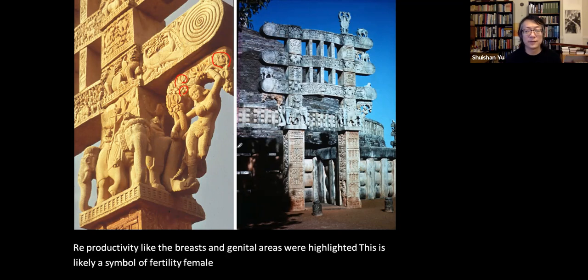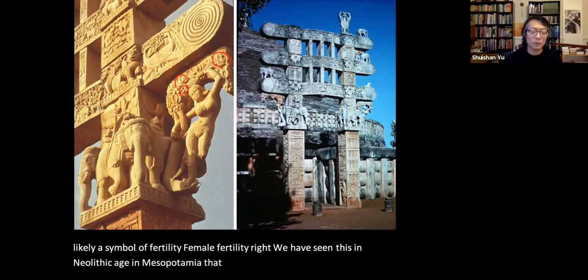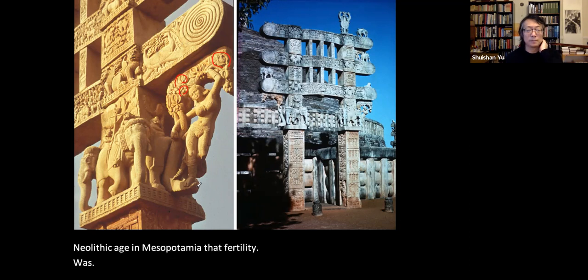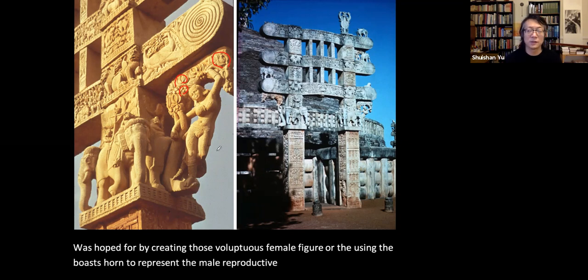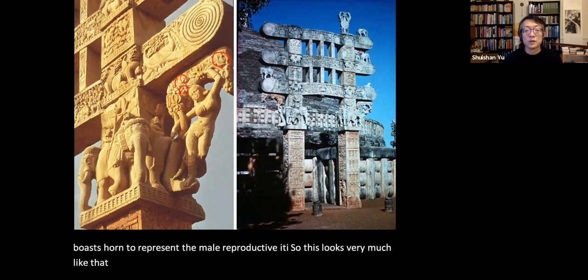We have seen this in the Neolithic age in Mesopotamia, where fertility was hoped for by creating those voluptuous female figures, or using the bull's horn to represent male reproductivity. So this looks very much like that idea, especially when there are fruits and the tree, right?